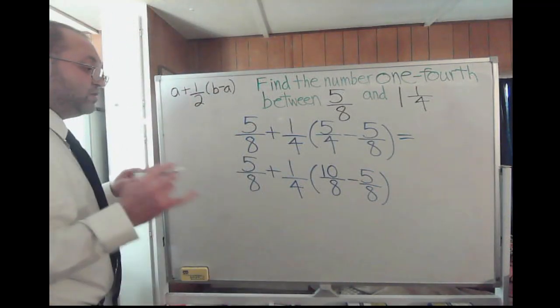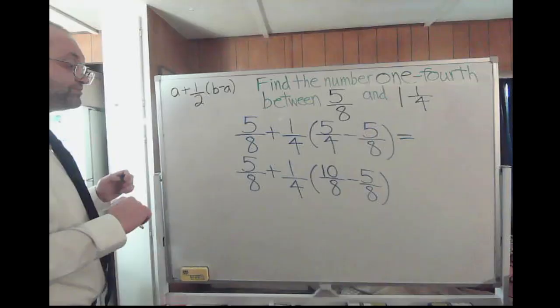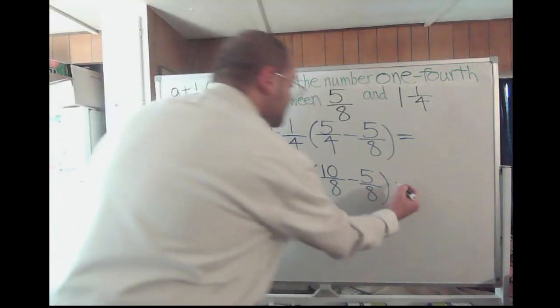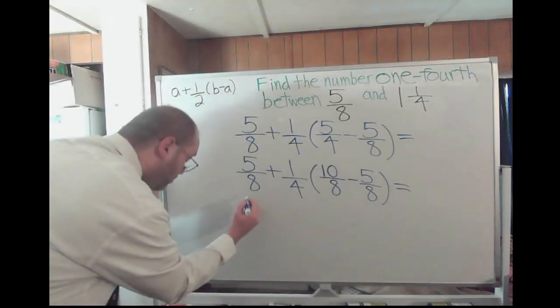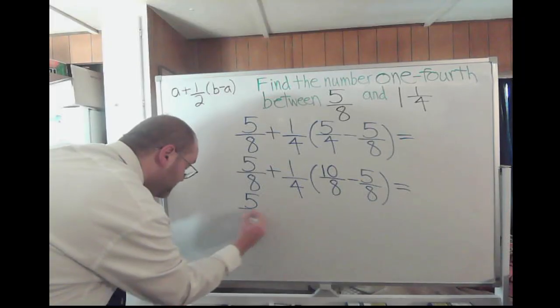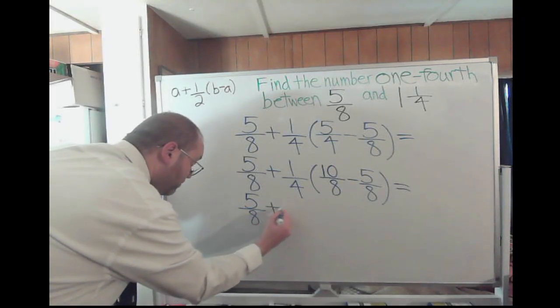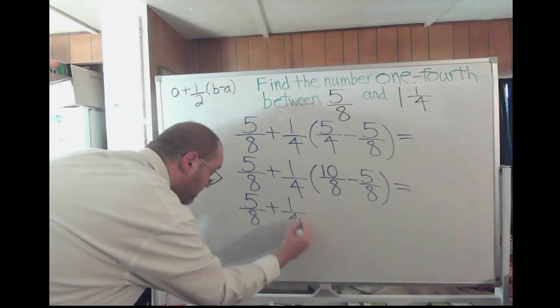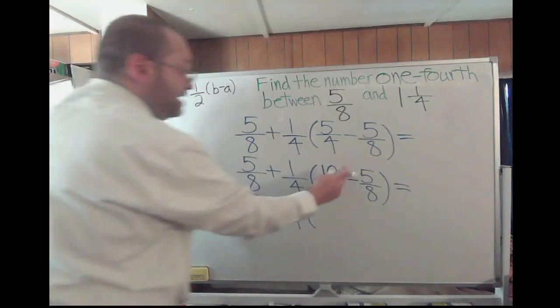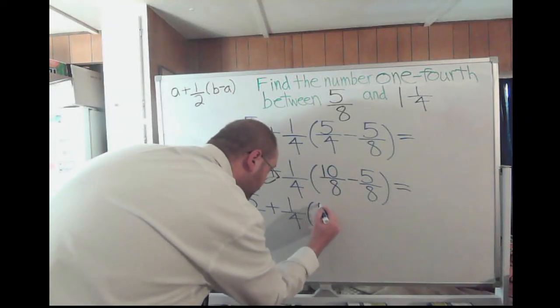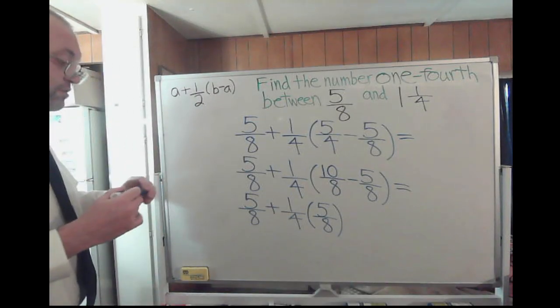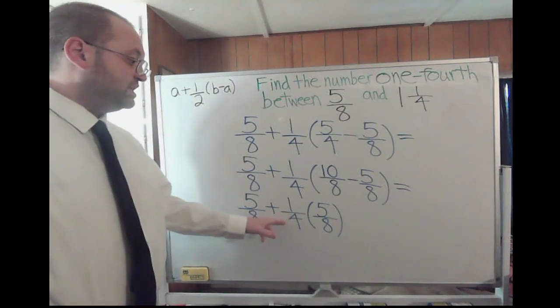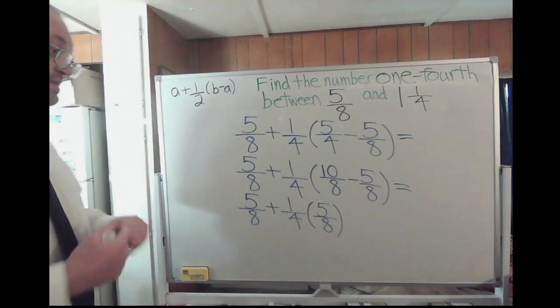So let's work in the parentheses some more. You'll have 5/8 plus the 1/4 times, okay, 10 minus 5, that's 5. So you'll have 1/4 times 5/8. So now you got 5/8 plus 1/4 of 5/8.